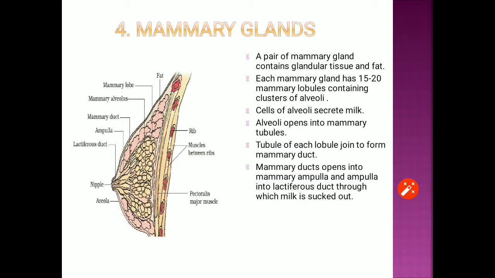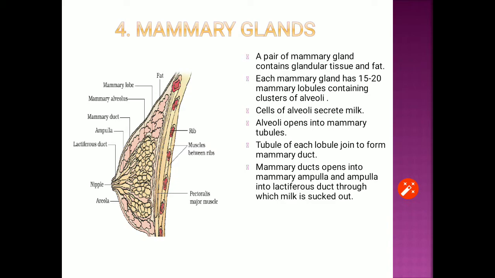Now the mammary glands. A pair of mammary glands contains glandular tissue and fat. Each mammary gland has 15 to 20 mammary lobules containing clusters of alveoli. The cells of alveoli secrete milk. Alveoli open into mammary tubules. Tubules of each lobule join to form mammary duct.